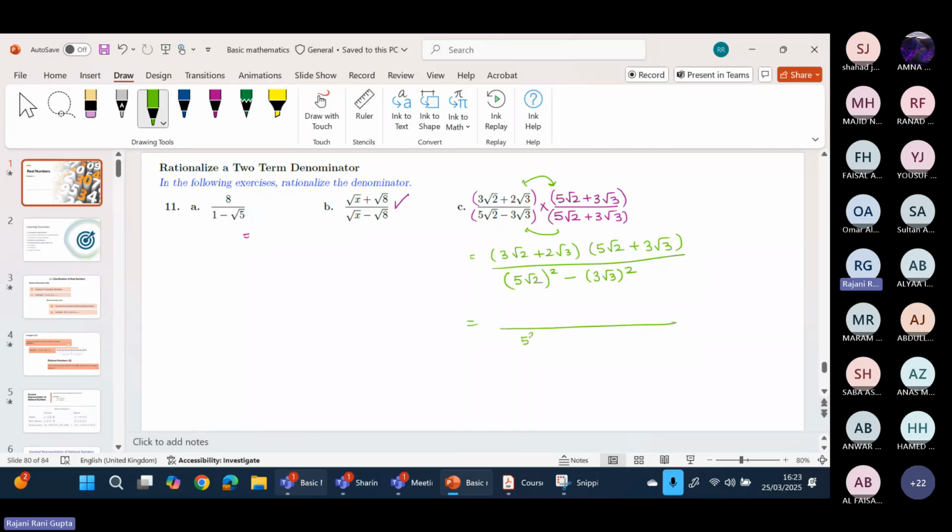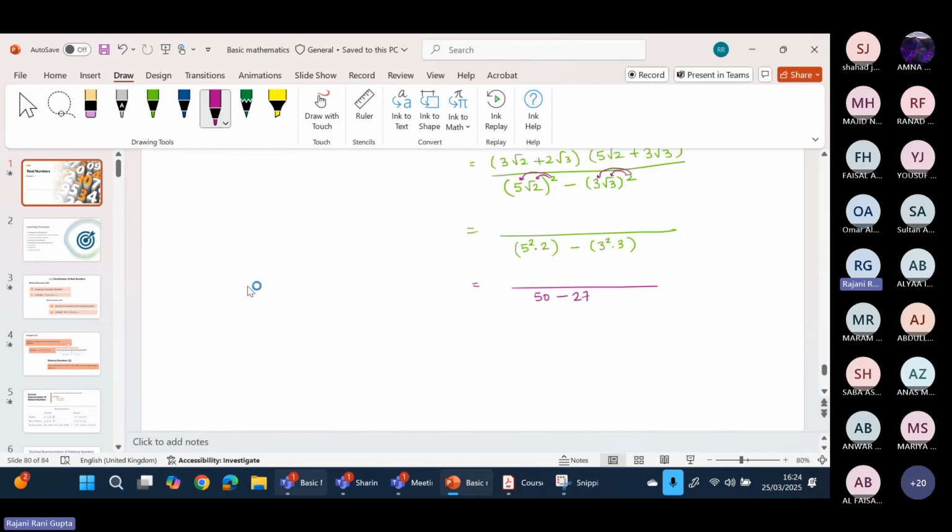The denominator will be 5 power 2 multiplied by 2 minus 3 power 2 multiplied by 3. Just pay attention because this will go with both. So that's what I wanted to know. If you know this, 25 times 2 minus 9 times 3. So you can complete this.